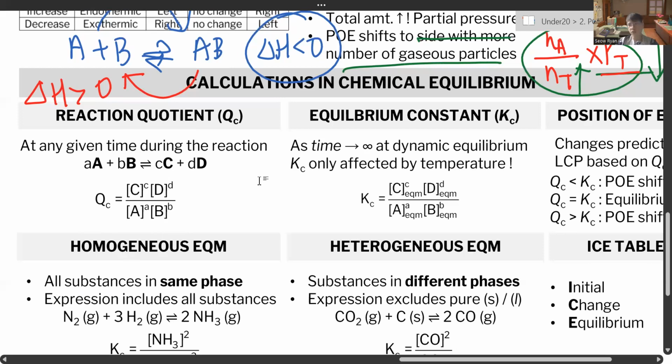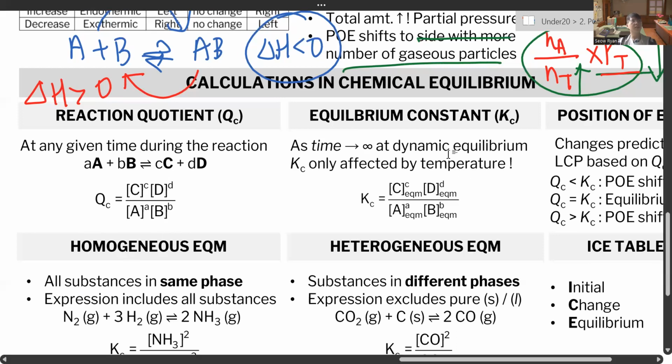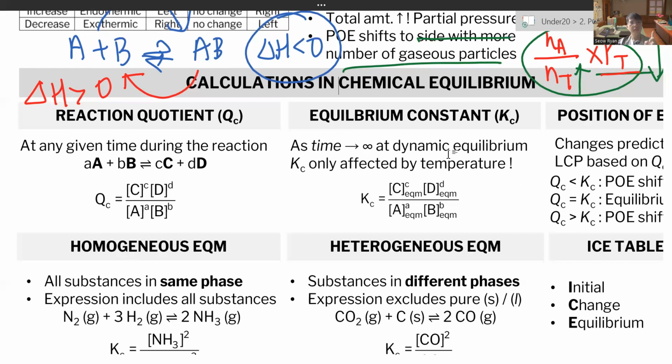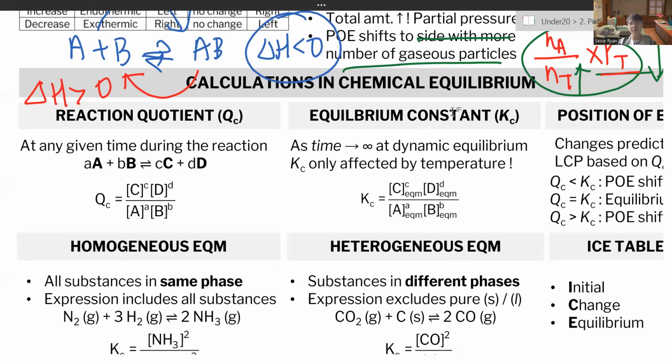So if I measure it now, I measure it 5 minutes later, I measure it 10 hours later, that's the reaction quotient. Now, the equilibrium constant is the ratio at dynamic equilibrium. So this ratio does not change and only changes with temperature. This value here is a constant as stated in the name, and this constant is the one that tells us, so does the reaction now move forward or backwards, right?